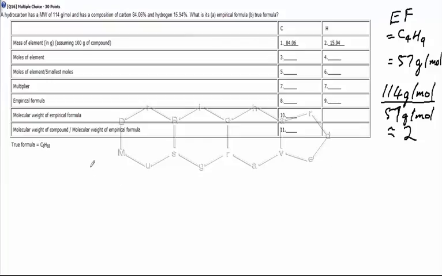So I'm going to take the C4H9 and multiply it by 2, and that's going to be C8H18. This comes out to be the true formula of the compound.